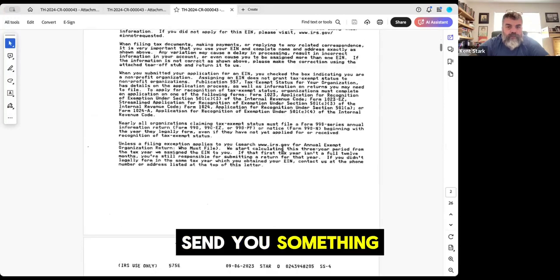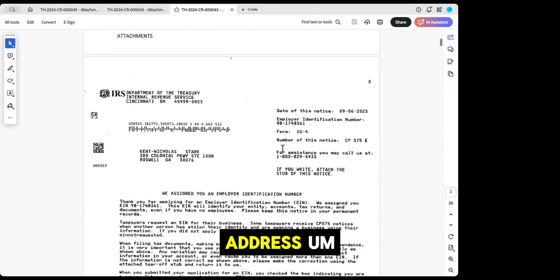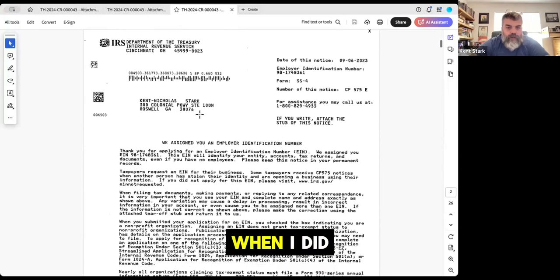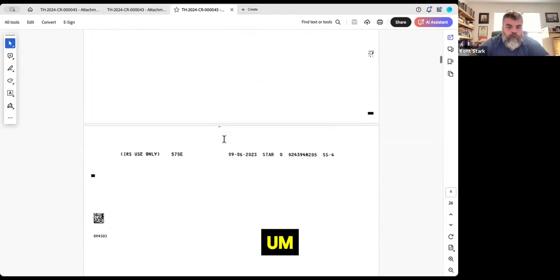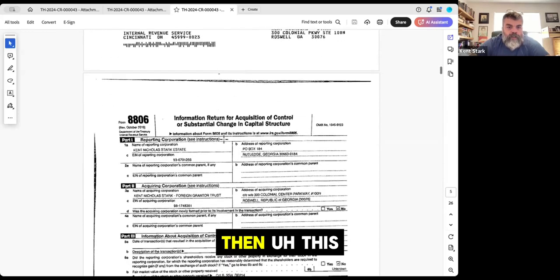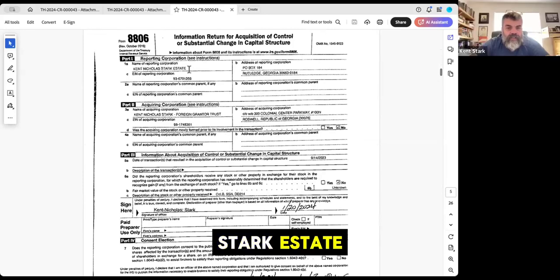They will send you something in the mail, but if you don't tell them you have an address, this came from when I did the 3520A, then they sent me this in the mail. Then this is the 8806, like I was telling you, the Kent Nicholas Stark estate. So that's me putting my social security number in an estate, and I got an estate EIN. And then I basically sent that over to the 9/8 EIN.